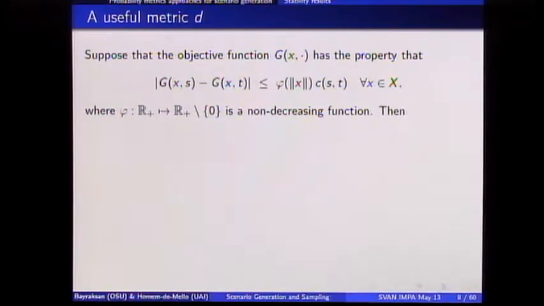So imagine that we can enforce that GS minus GT has some kind of Lipschitz property on S and T, but I'm allowing this to depend on X. Again, because if you don't, it might be too strict, but I'm allowing the constant here to change with X.